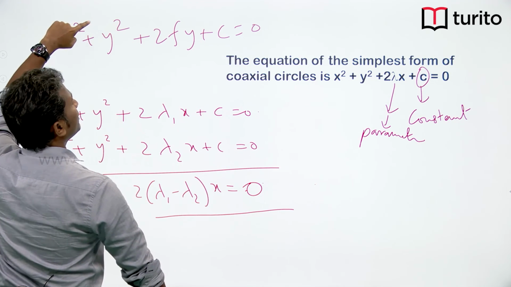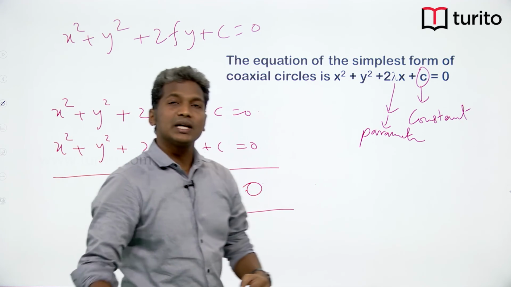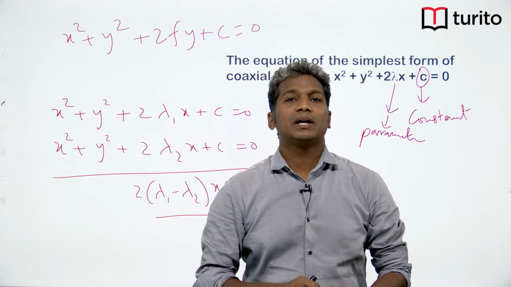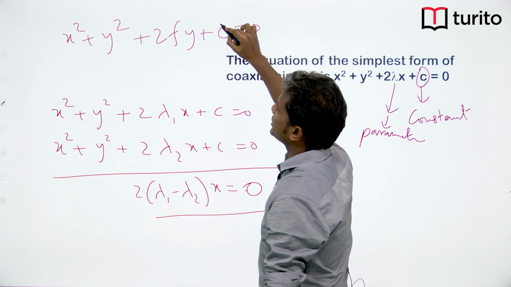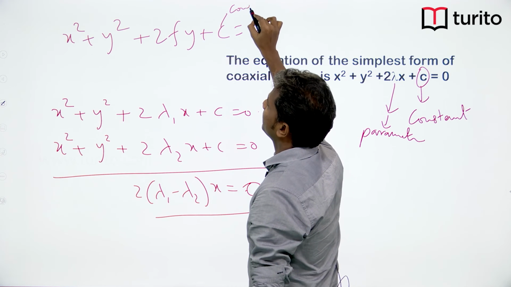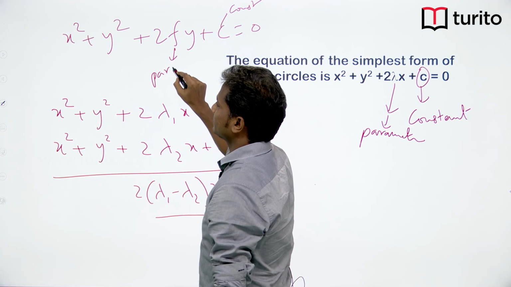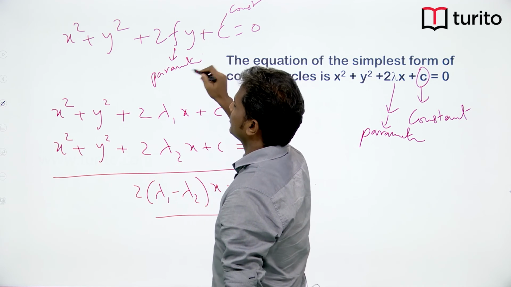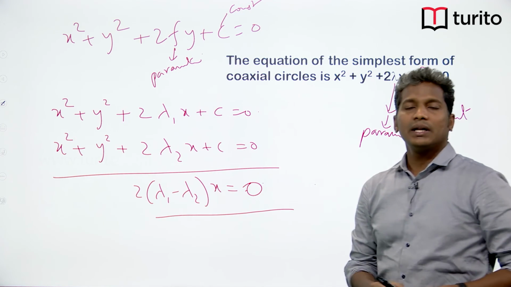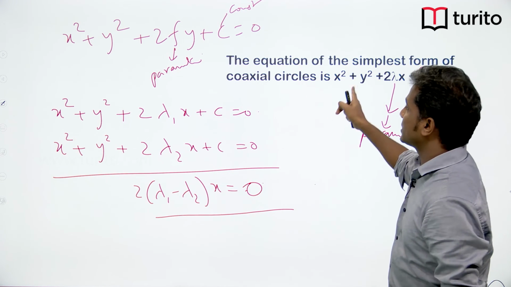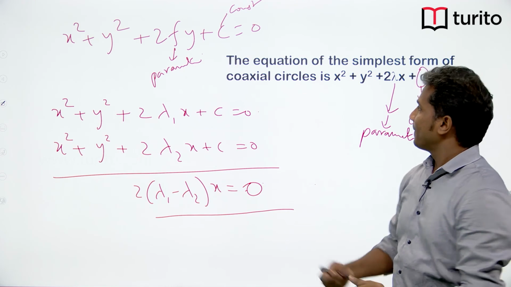Now, similarly, if we go for the system which has x axis as the radical axis, here also c must be constant and this f must be the parameter. So, this way we can design any system. Now, also there is something that you can notice here.